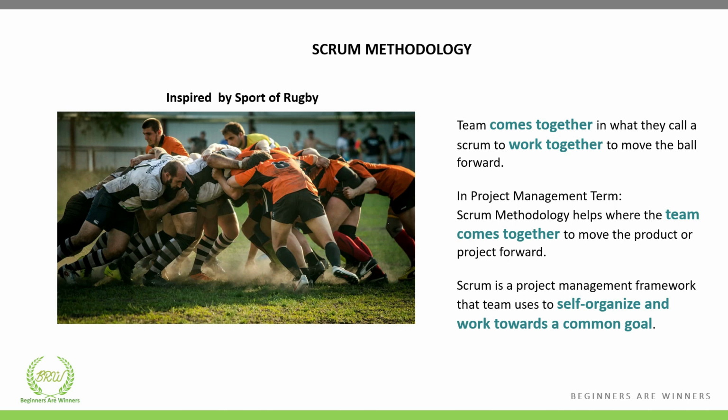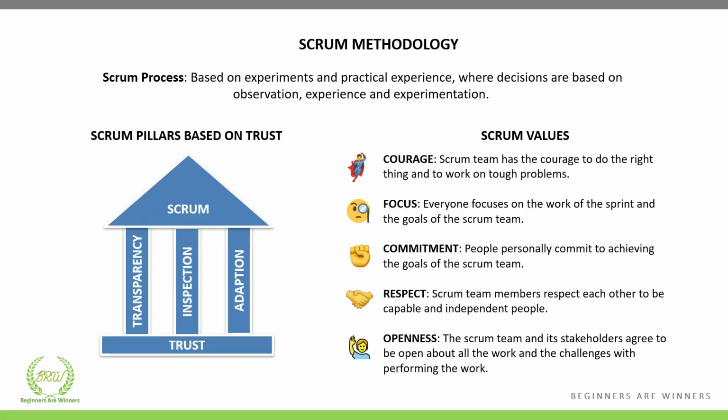Similarly, in project management, Scrum methodology helps the team come together to move the product or project forward. Scrum is a project management framework that a team uses to self-organize and work towards a common goal.